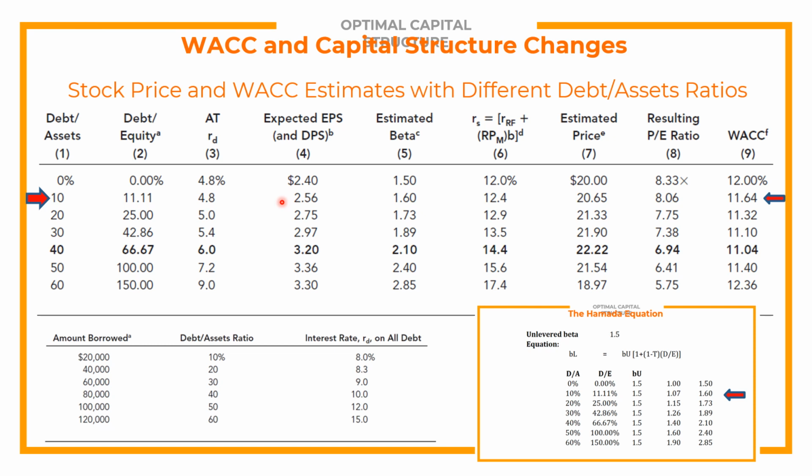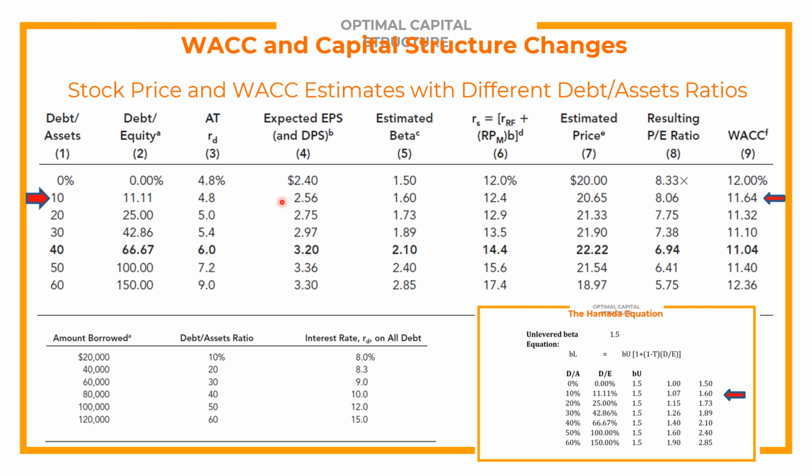The only variable that changed is the interest expense, so 40,000 minus the interest expense, 20,000 times 8%, which is 1,600.